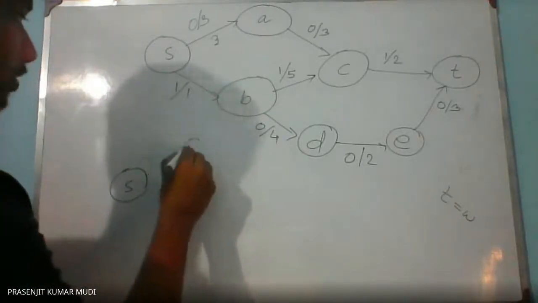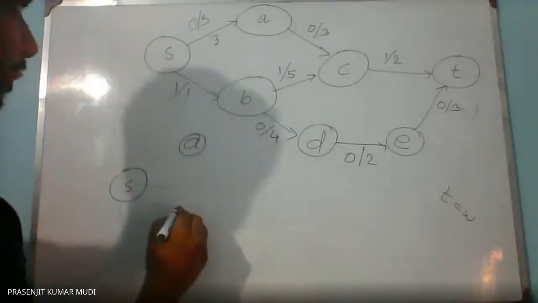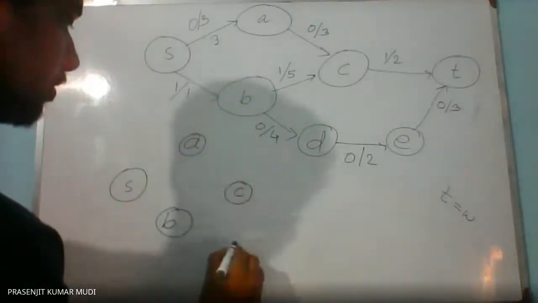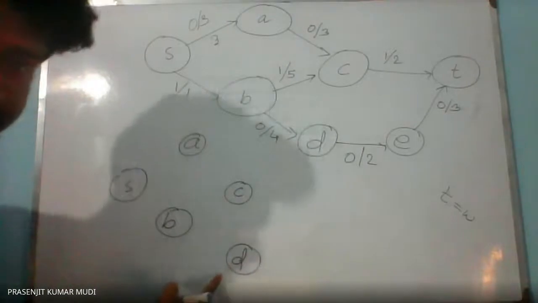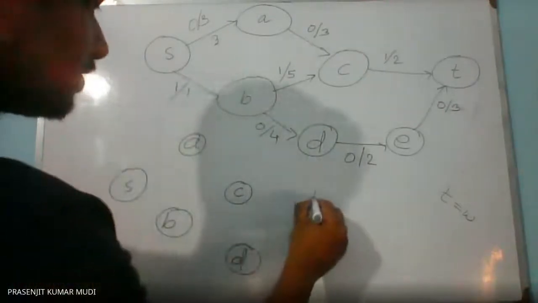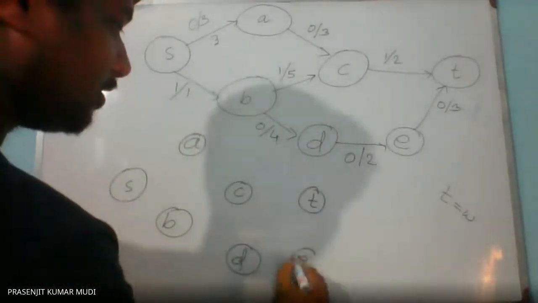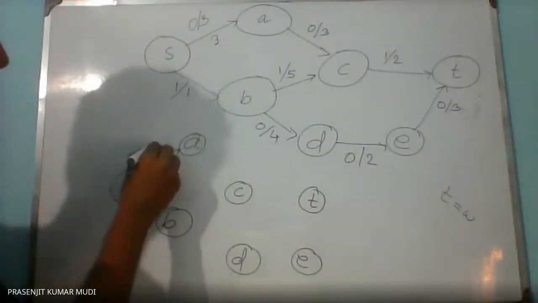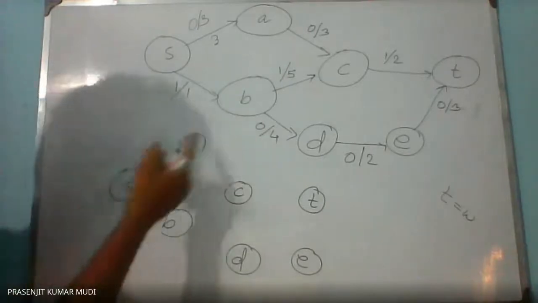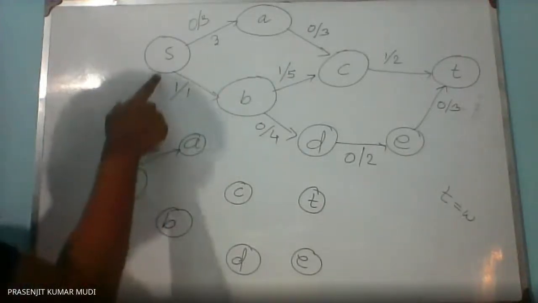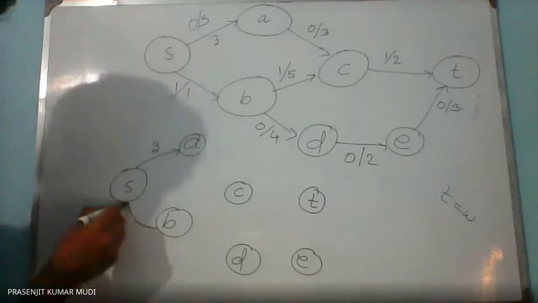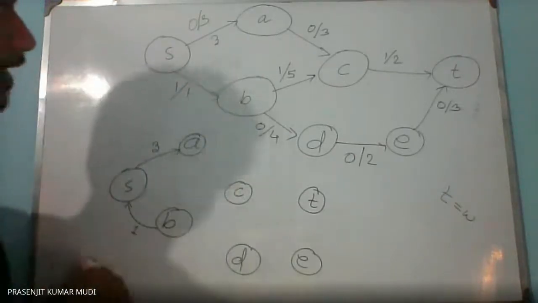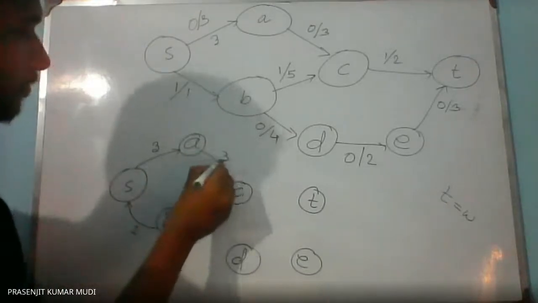S, A, B, C, D, T, E. So S to A has only a forward edge with capacity 3. Then S to B, we will not have any forward edge, but we will have a backward edge with capacity 1. A to C, 3.